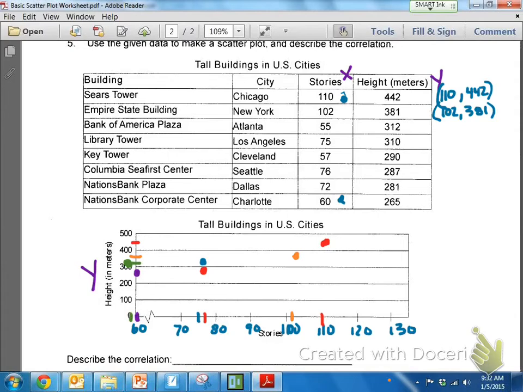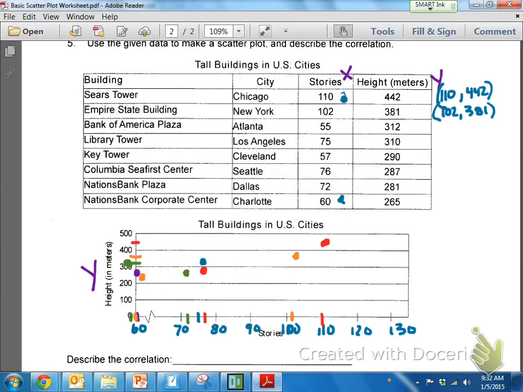So 72 would be about here, and 281 would be about here. And then the Nations Bank Corporate Center in Charlotte, 60 stories and 265 meters tall. So 60 stories, right there on the line, and 265 meters tall, so right about there.